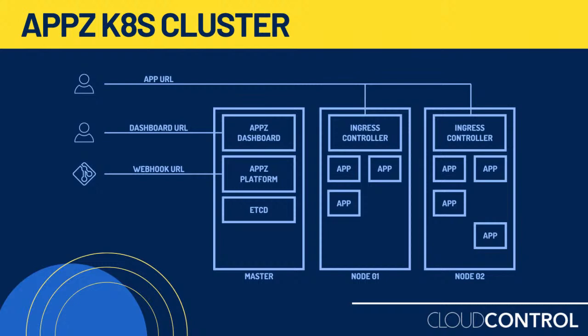We call one master and 2 nodes. It can be expanded to any size, but this is the starting size. And on the master node, we are running our control plane. We call it AppG, like the dashboard and the AppG platform, which you will see in the interface. And there are several others. Our GitOps engine is running on that. And on the worker nodes, we are running your application workload.